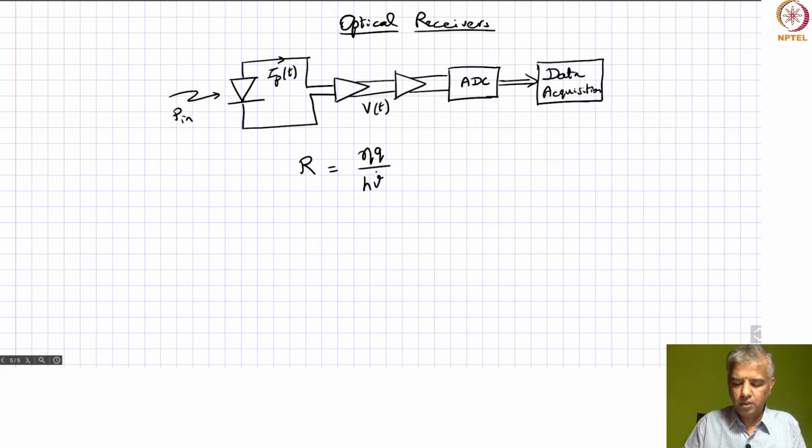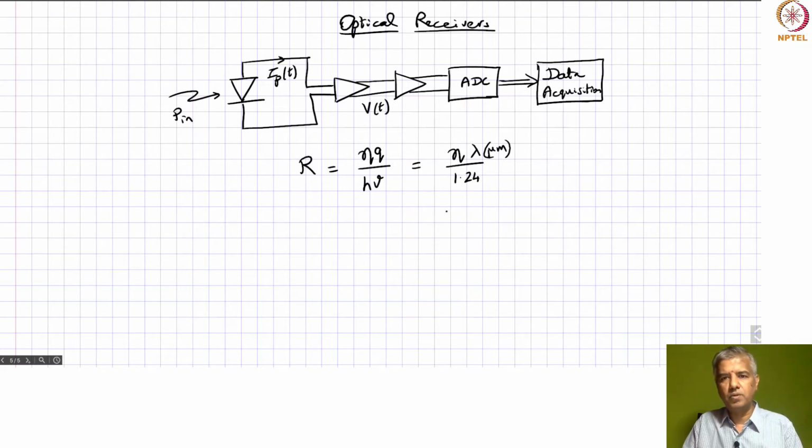Since nu can be written as c over lambda, and q, h and c are all constants, we simplified this and said R is eta times lambda over a constant value 1.24, wherein lambda is expressed in micrometers.